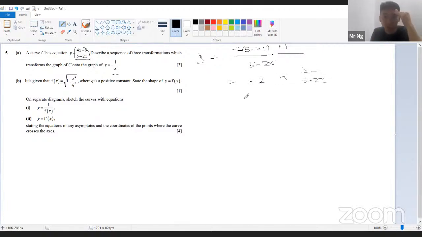Okay, so let's do a transformation from this thing. We already have a minus sign. I'm going to tag this minus sign to the x. How to do this? First transformation, I will say replace x with 5 minus x.